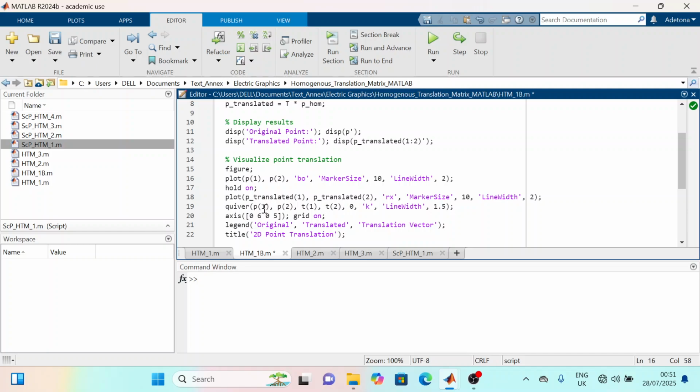And to indicate that, you need to indicate the point where the thing is starting from, and that particular point is point P. And point P is made up of X and Y. That is, point P is X, Y, where X is P function of 1, and Y is P function of 2. Then this is the direction.